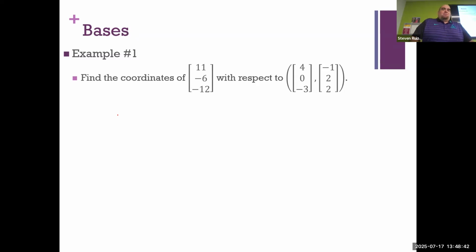So I would like to know basically how many of vector 4, 0, -3 and how many of vector -1, 2, 2 would I need to cobble together this 11, -6, -12. Any ideas how to go about that? Go ahead.